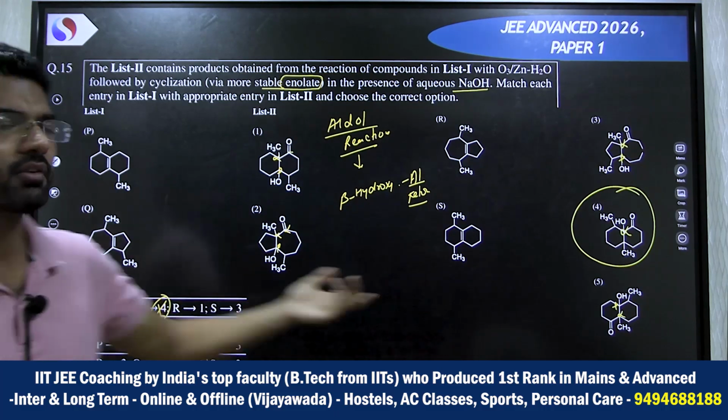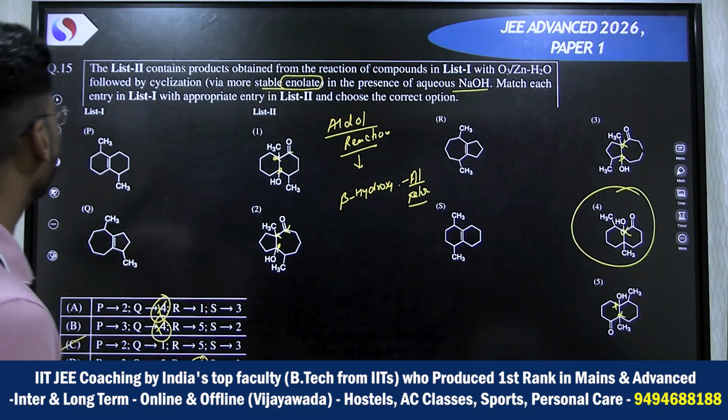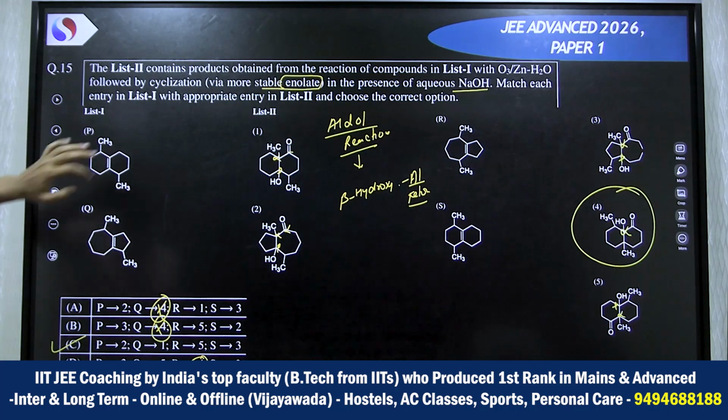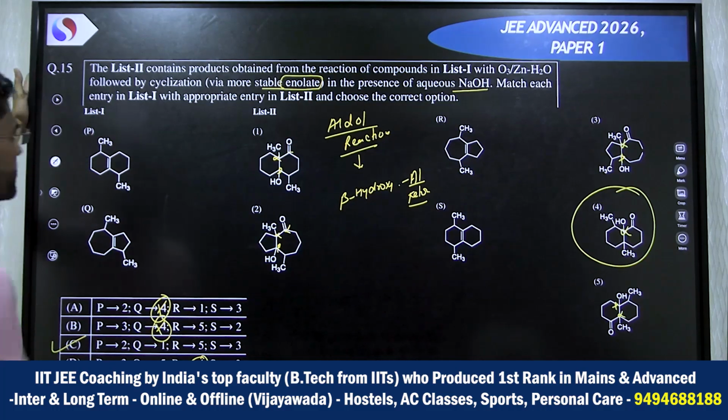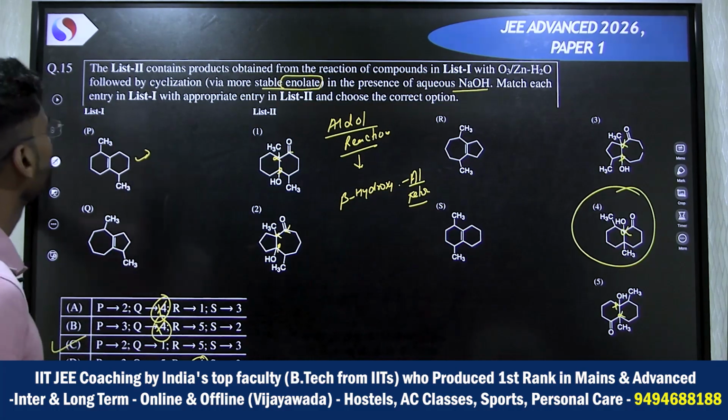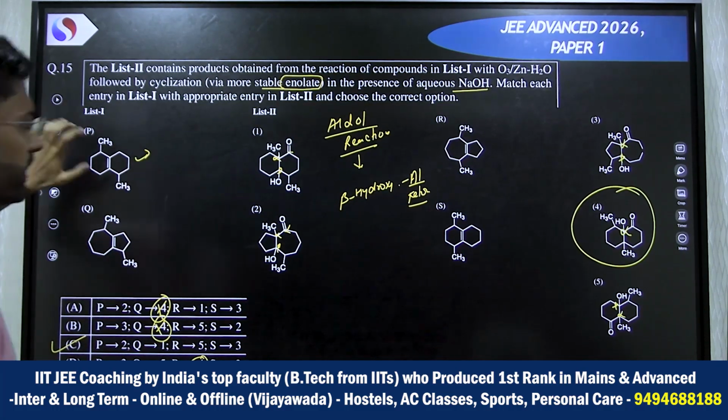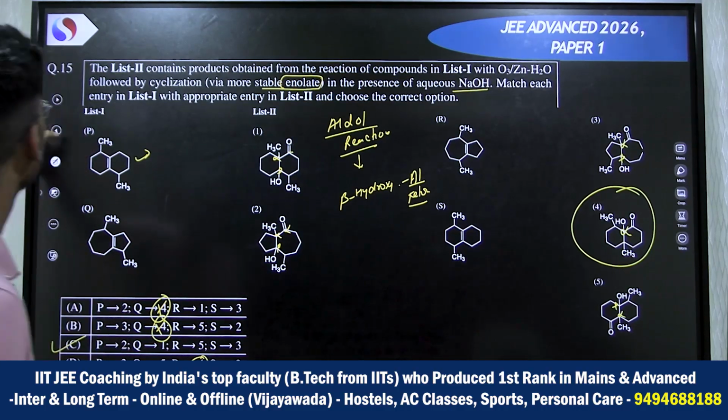So within 30 seconds you can answer the question. I will also explain this in detail. So in this case, what they are saying, you can see this, one. Let me write it down on another page.